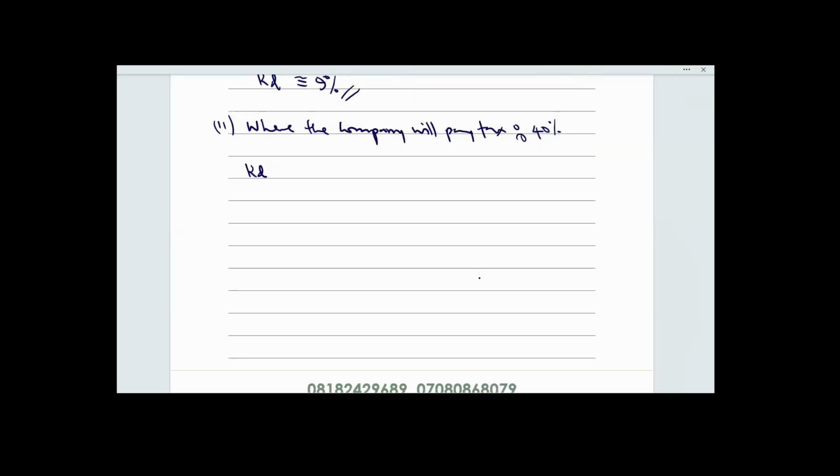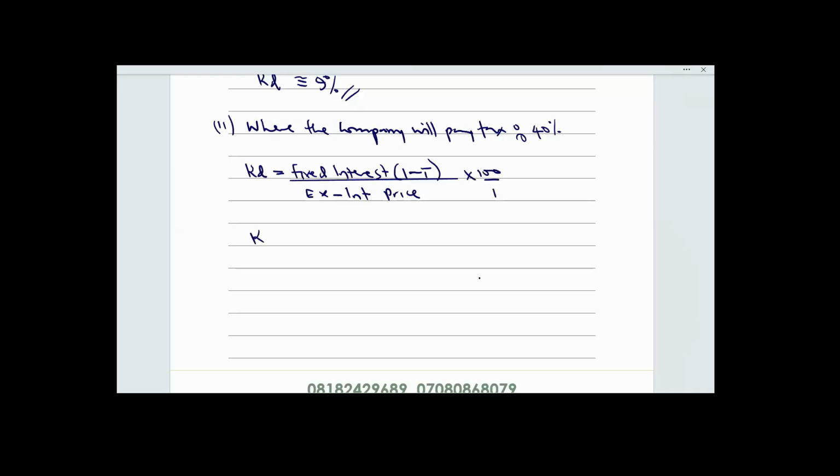Cost of irredeemable debenture will then be computed as fixed interest multiplied by 1 minus tax rate, where T is the company tax rate, divided by the ex-interest price. That is the market price that excludes interest. Multiply by 100 over 1.